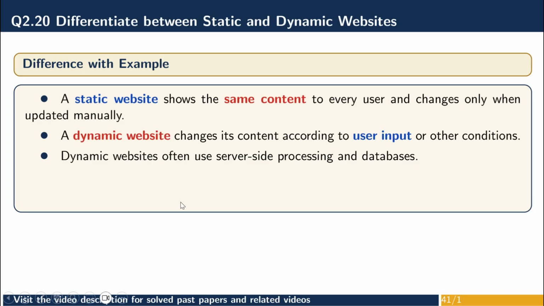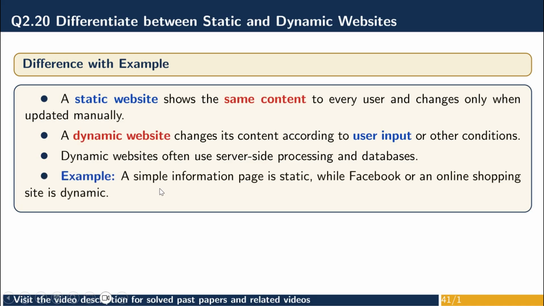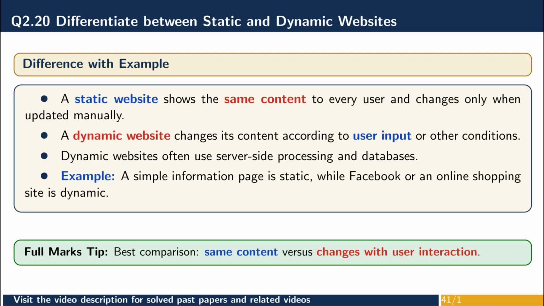Dynamic websites often use server-side processing and databases. Example: a simple information page is static, while Facebook or an online shopping site is dynamic. Full marks tip is best comparison: same content versus changes with user interaction.